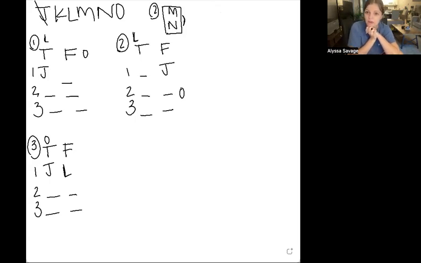Okay. Our next rule is the M and N rule, which is actually a little bit easy to implement because M and N have to take up 2 of the 3 spots. And so if we know in world number 1 that L and J are going to be somewhere on Thursday, there's no way I can squeeze M and N in together on Thursday. So that means M and N are going to be on Friday to take up those 2 spaces.